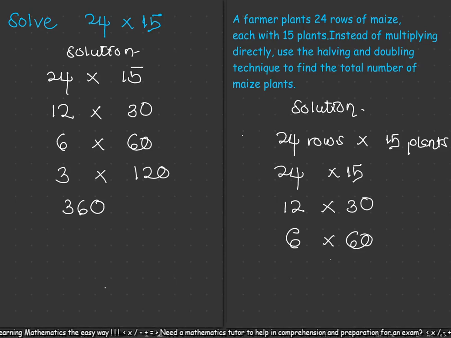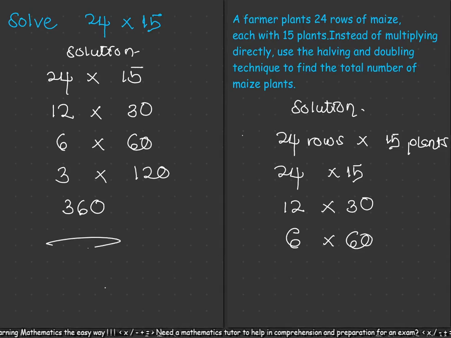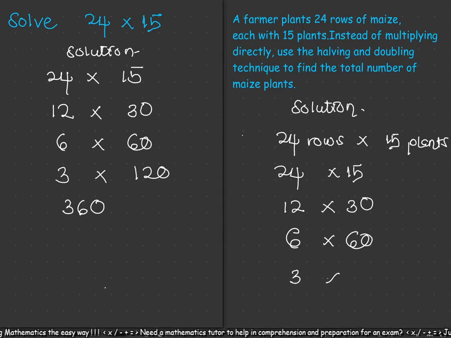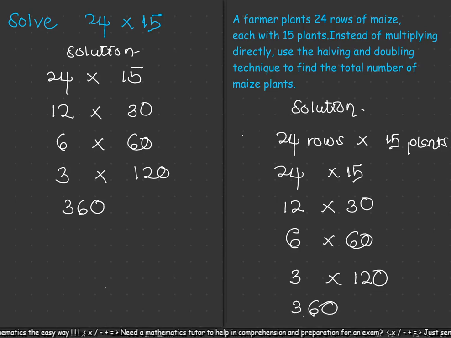You see? It's just like the previous one we did. So the half of 6 as well gives us a 3, and then the double of 60 gives us 120. 3 times 12 then gives us 36. Then we just add our 0 to it.